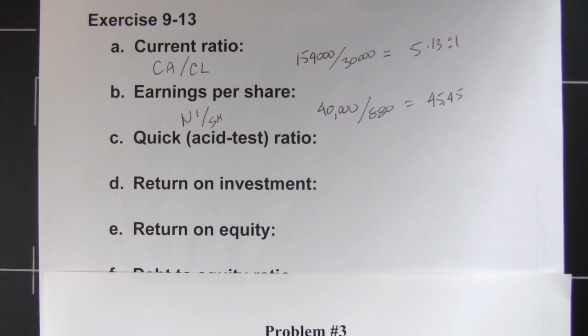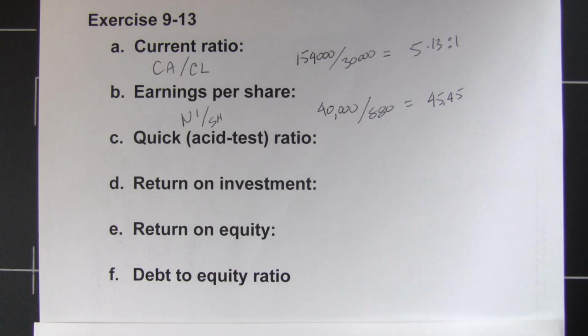And we're told that the net income could have given, did not necessarily give, probably didn't actually, but could have given each shareholder $45.45 at the current earnings rate.